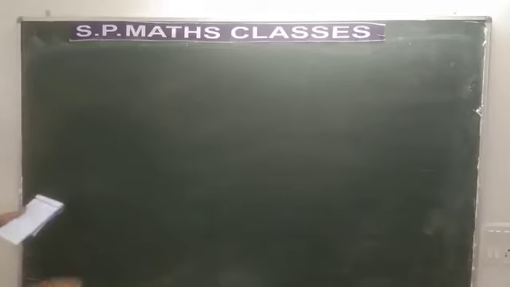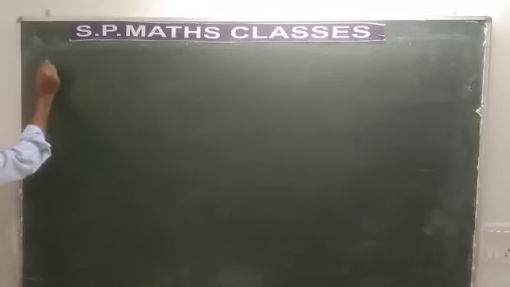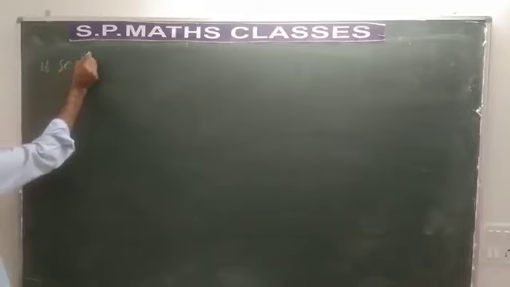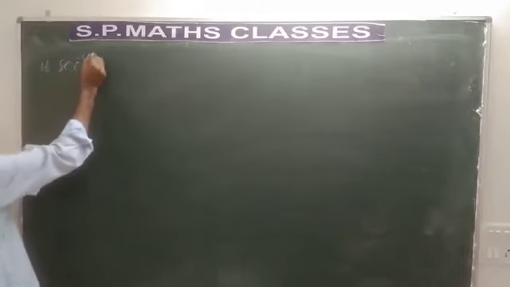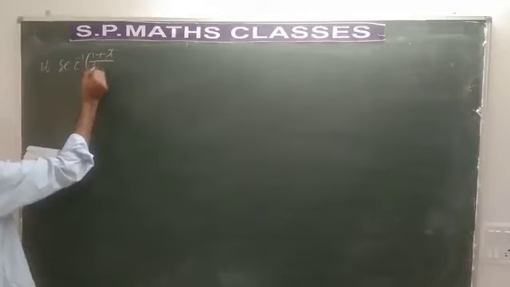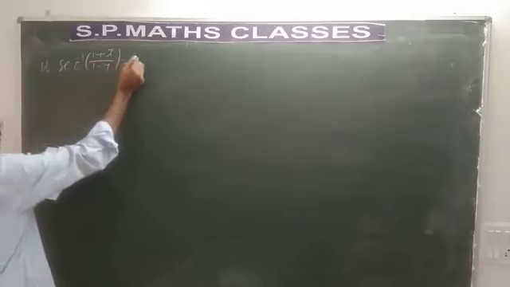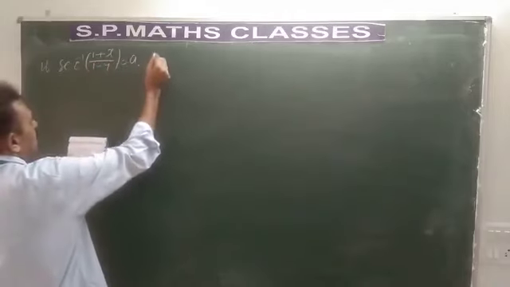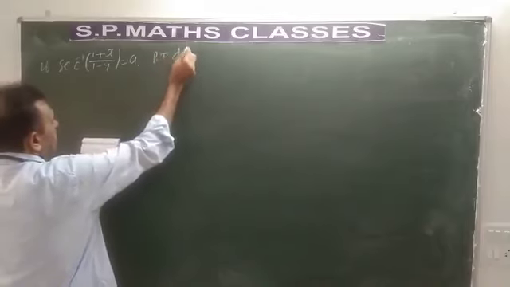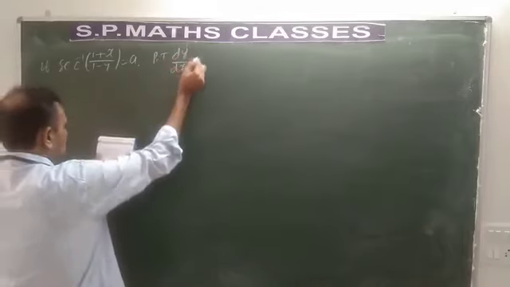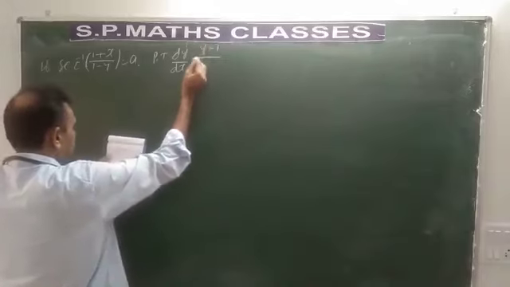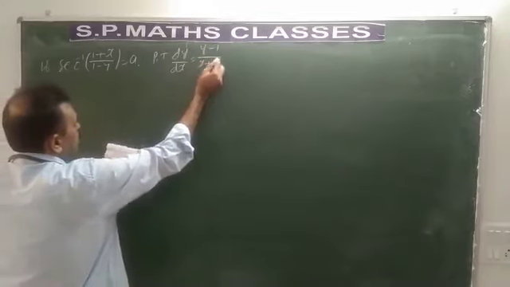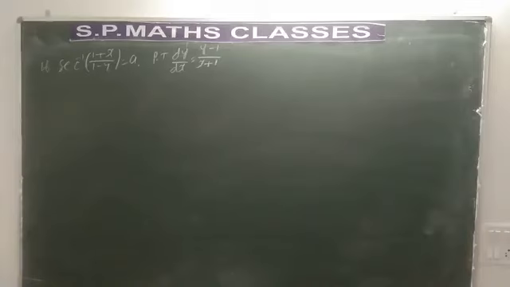It is given if secant inverse of 1 plus x divided by 1 minus y is equal to a, prove that dy by dx is equal to y minus 1 divided by x plus 1. It's very simple.